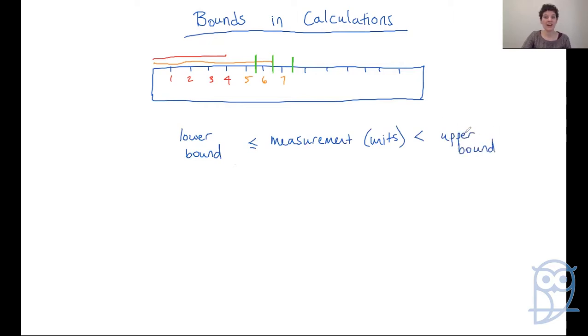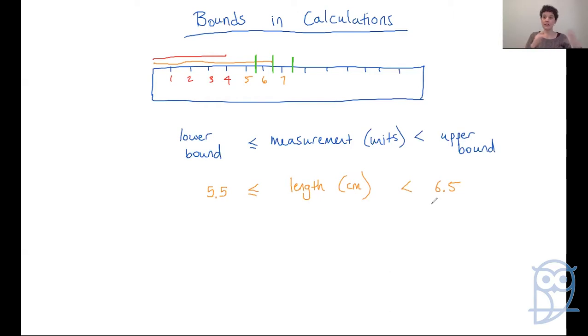Because we've got to bring in our ideas of inequalities and rounding here as well. If we look at our orange line, it is length in centimeters that we're dealing with. So the lower bound would be 5.5, halfway between 5 and 6, less than or equal to length, less than the upper bound, which would be 6.5.